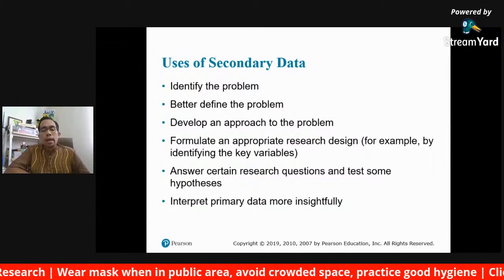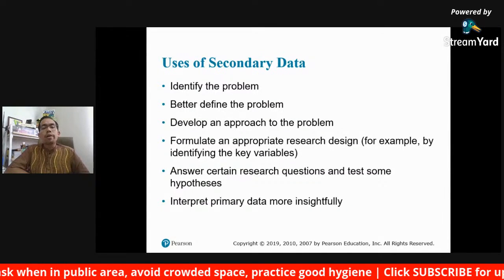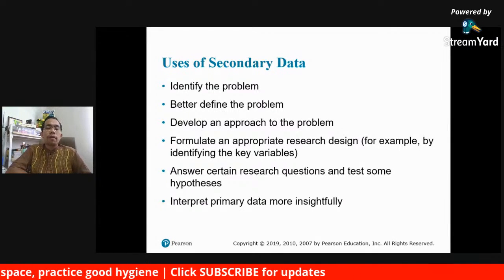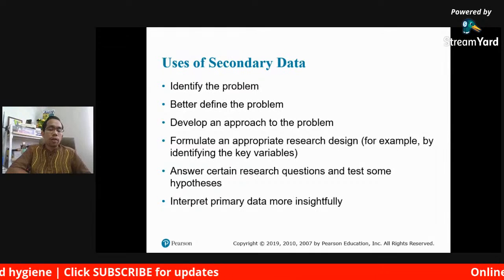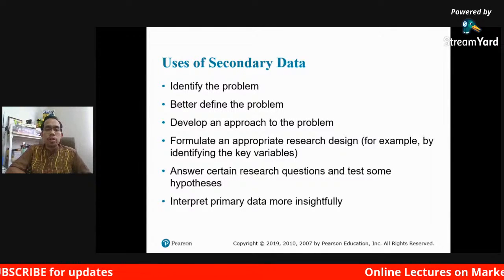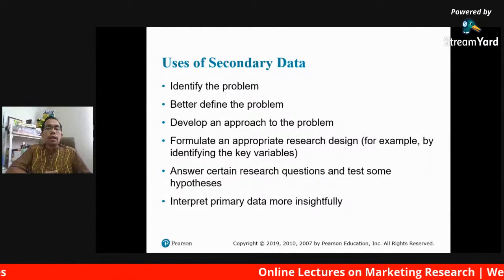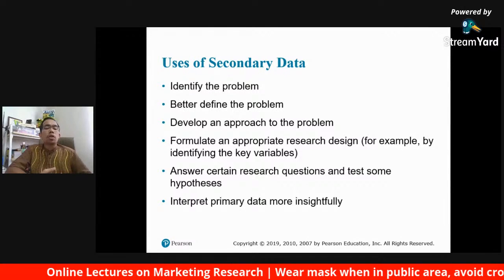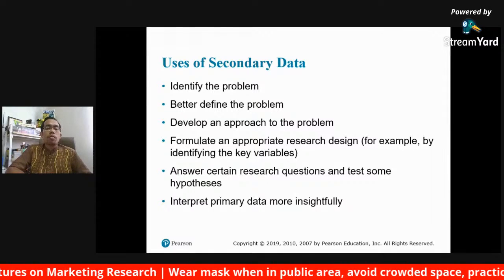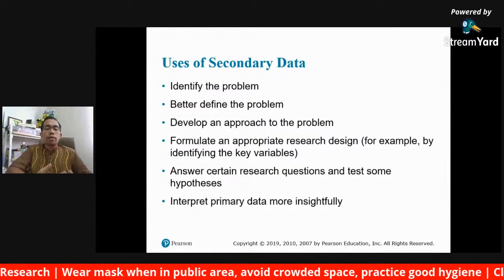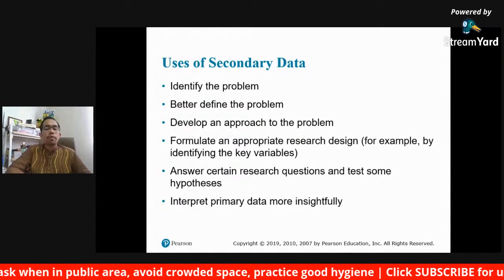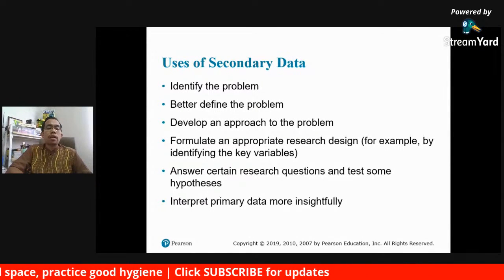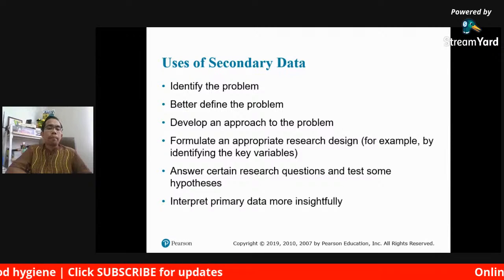And if we go further, having more data acquired, we can define it properly. A proper definition clearly exposes the problem. So if you have lots of information from the secondary sources, you can easily develop an approach to the problem.